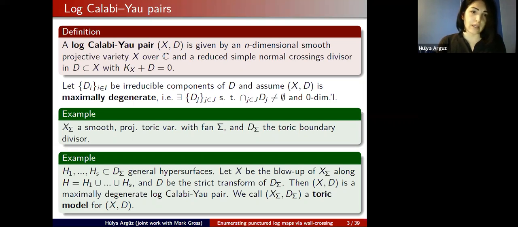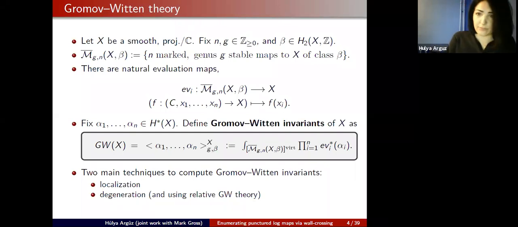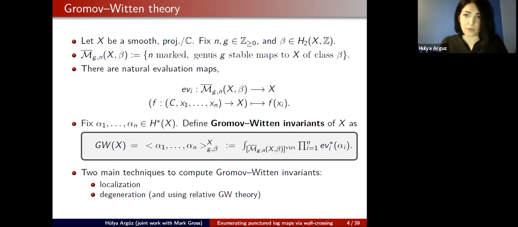So if you take hypersurfaces H_1 to H_s in the toric boundary divisor of a toric variety, and blow them up, we obtain a maximally degenerate log Calabi-Yau pair. And this is more interesting from the mirror symmetry perspective because a toric variety contains no nonconstant Maslov index zero disks, whereas these blow-ups do contain them, and they do have non-trivial mirrors.